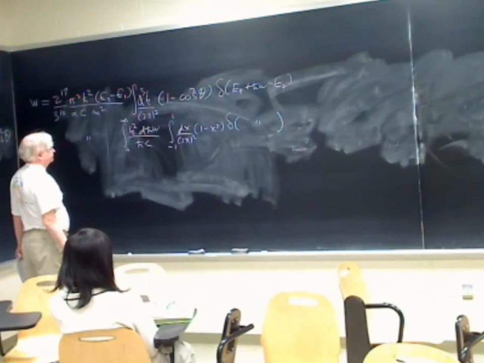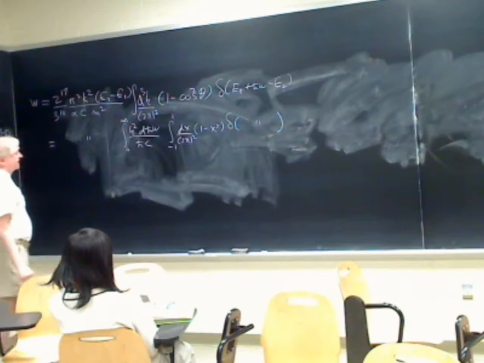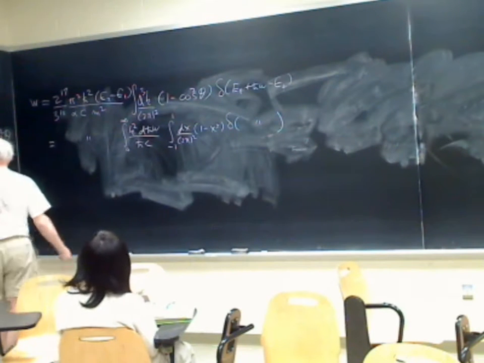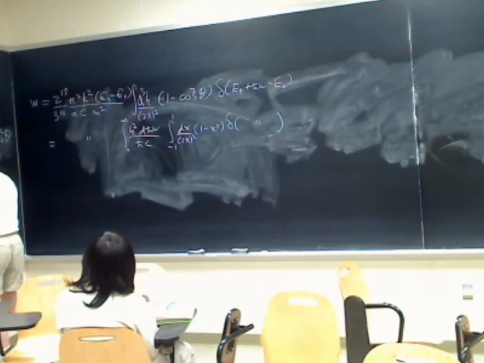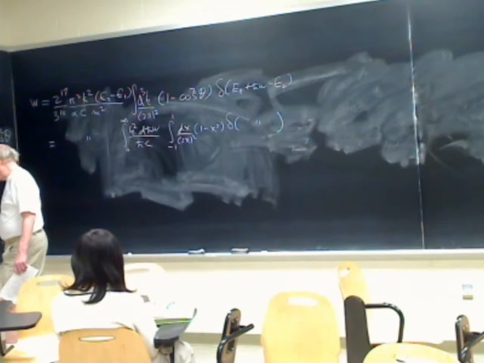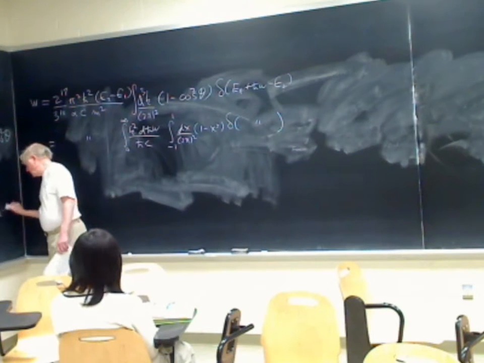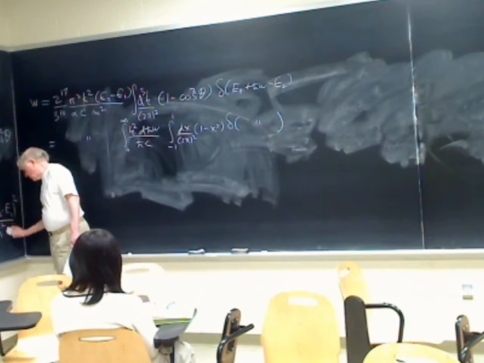And so that means that k is omega over c, h bar omega over h bar c, and so k squared is E2 minus E1 squared over h bar squared c squared.